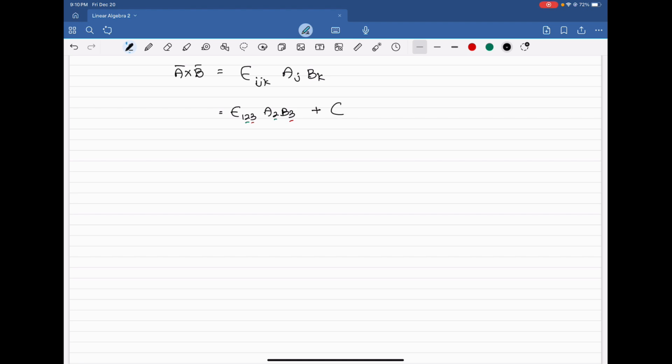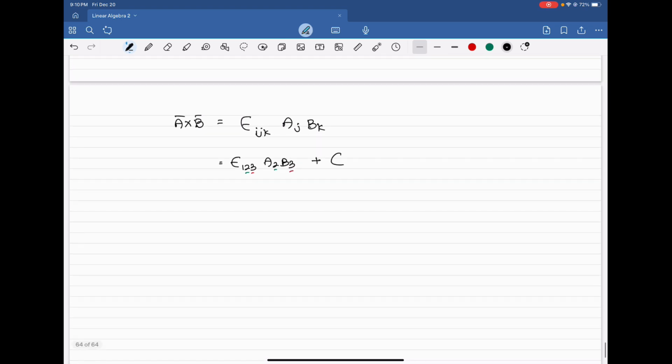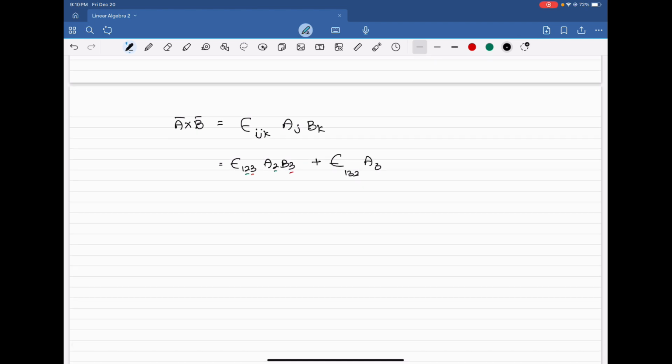Next, because all the 6 combinations I have to write: epsilon 1, 3, 2, summation of all the 6 combinations. Epsilon 1, 3, 2 will be A3, B2. 1 is left over.